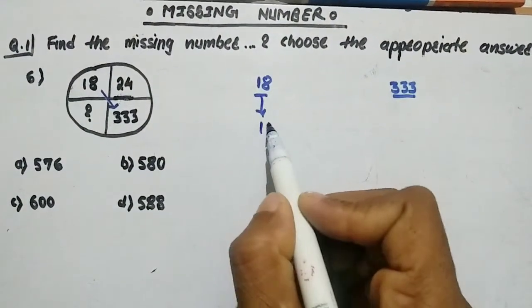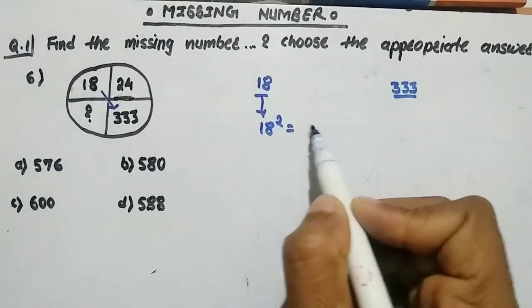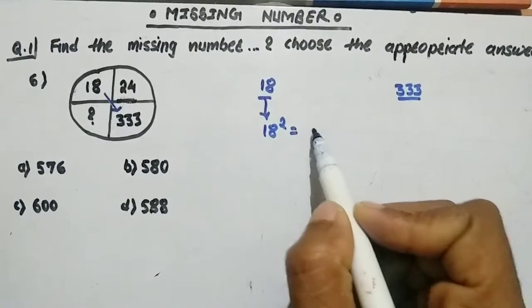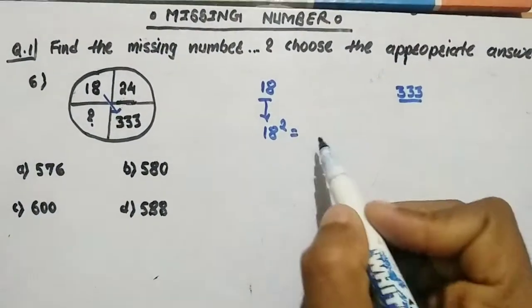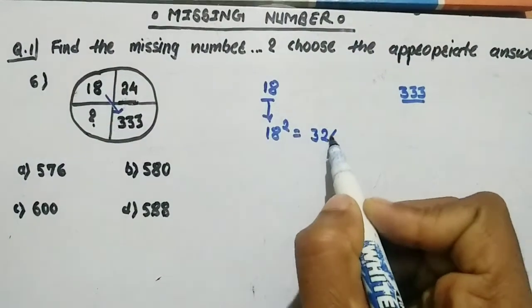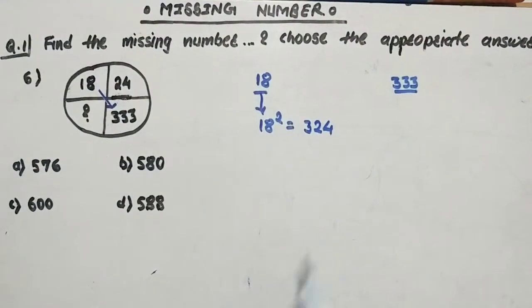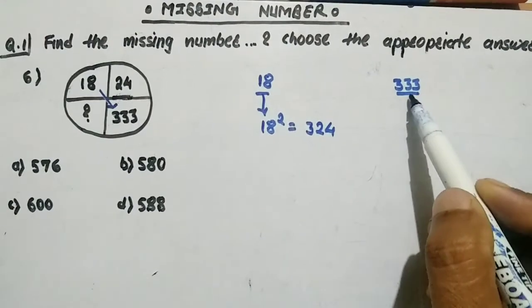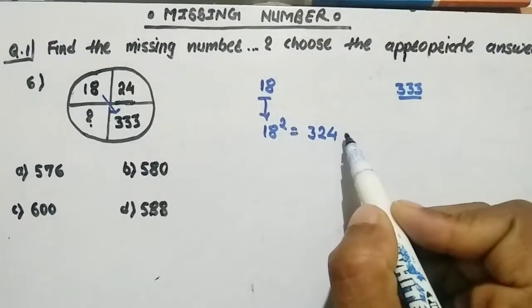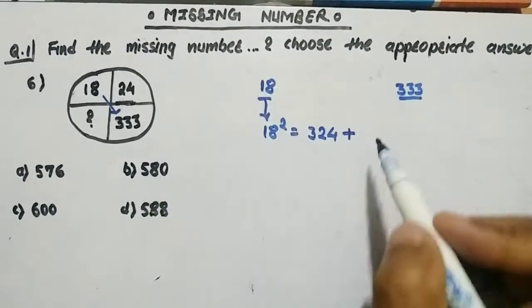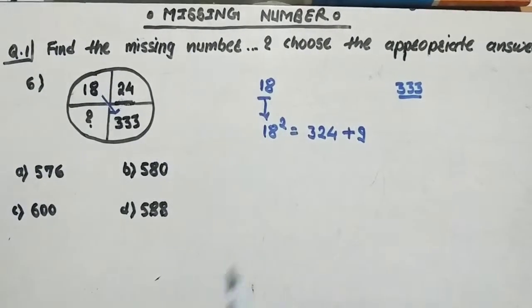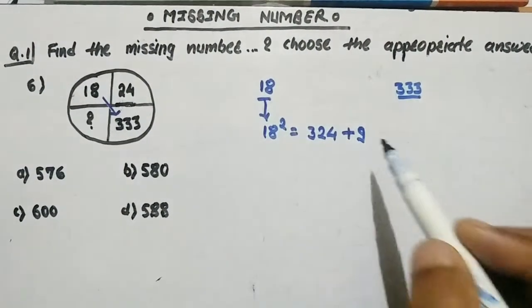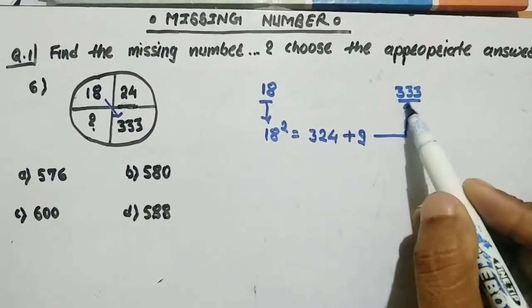First we take 18 square, that is 324, right? Square of 18 is equal to 324, and here plus something, यहाँ पे क्या आना चाहिए, that is 9, right? 324 plus 9, then we will get 333.